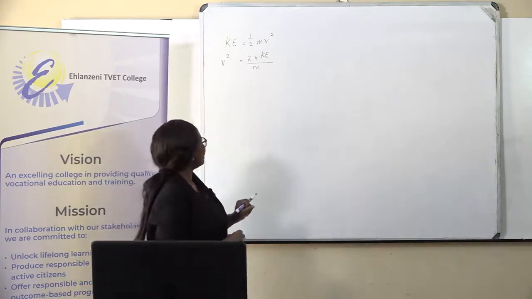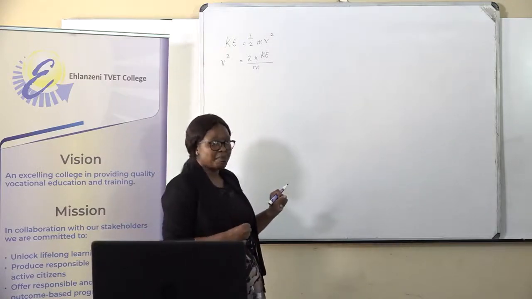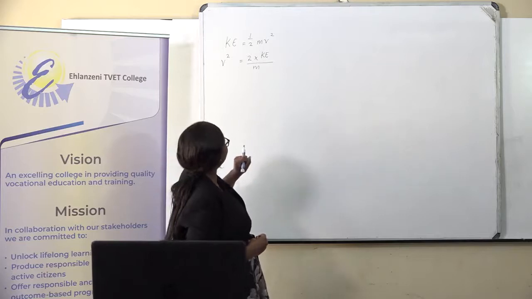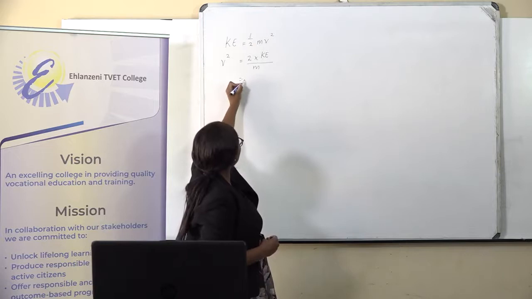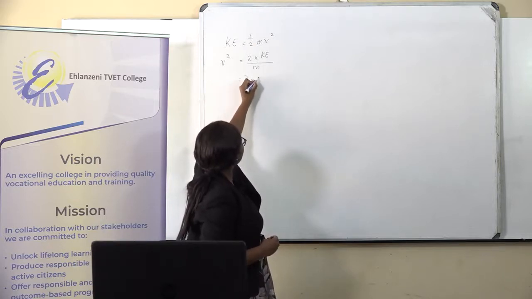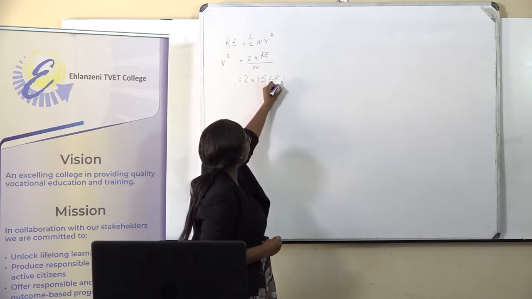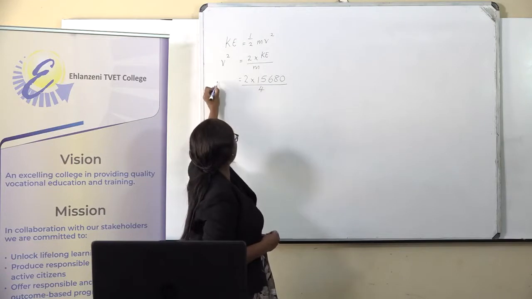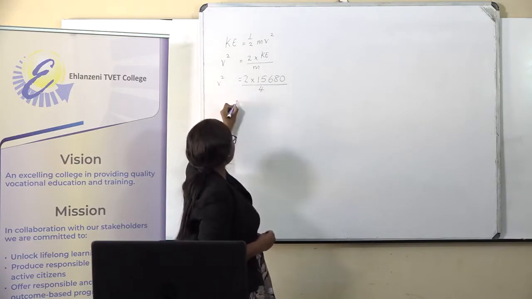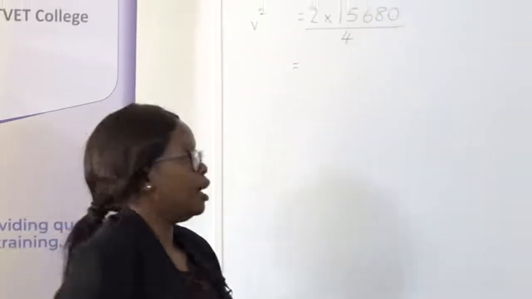Do we have the kinetic energy? Yes, the kinetic energy, we calculated it before. Yes, that's all the information that we need. So it's 2 times 15,680 divided by our mass, which is 4 kilograms. Let's put it on our calculator and see what we get.